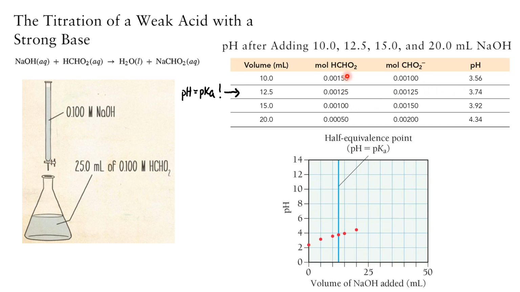And notice that the ratios of weak acid and conjugate base change as you add more base. It makes sense that your weak acid concentration after your half equivalence point is getting lower and lower, right? You're adding more base, the acid's going down, your conjugate base concentration is going up. And likewise, your pHs are going up as a result of adding more sodium hydroxide. Okay?